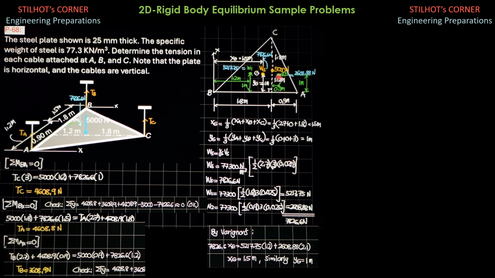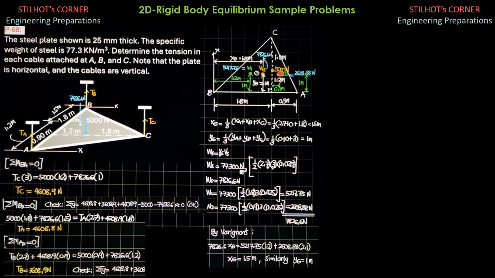The location of weight 1 is, of course, because you know that the centroid of a right triangle is at 2/3. So this distance is 2/3 of 1.8, and 2/3 of 1.8 is 1.2.